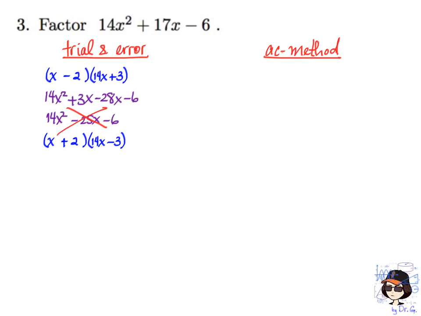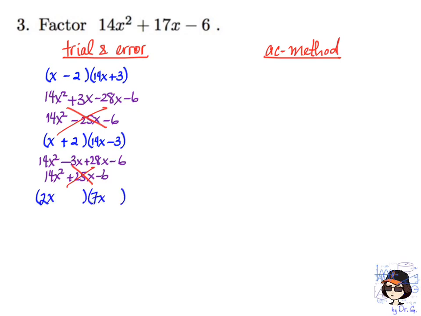Now when we multiply that together, let's FOIL it out, we get 14x squared minus 3x plus 28x minus 6. And then when we combine the middle terms, we just get positive 25x. So that doesn't quite work either. So let's try another possibility.